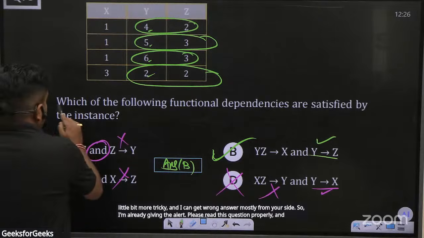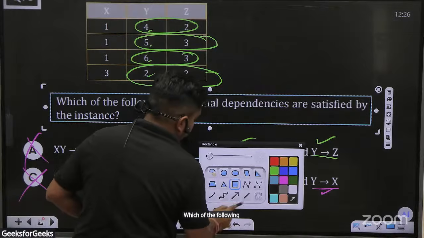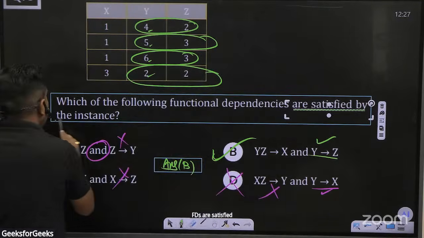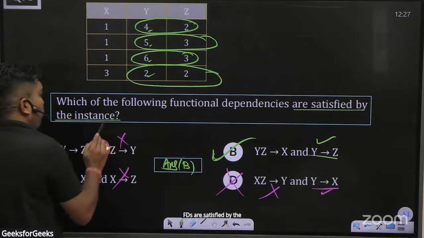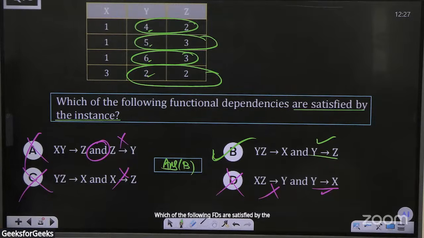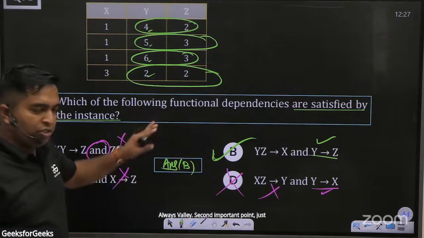Which of the following FDs are satisfied by the instance? I told 2 important points. First important point: trivial FDs are always valid. Not only valid, always valid. Second important point, just wait. In the next question, you will get it.